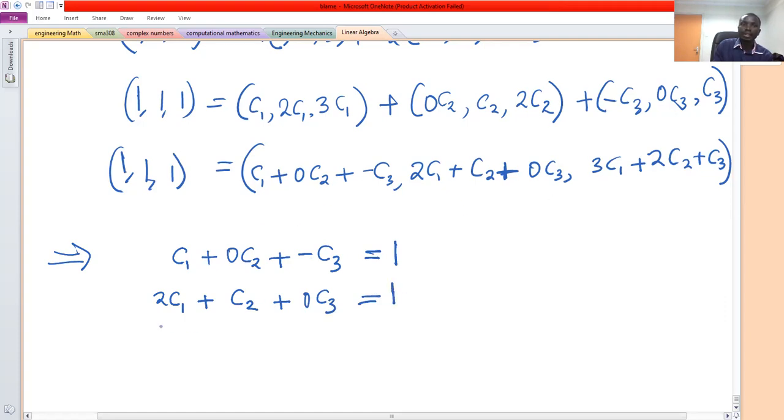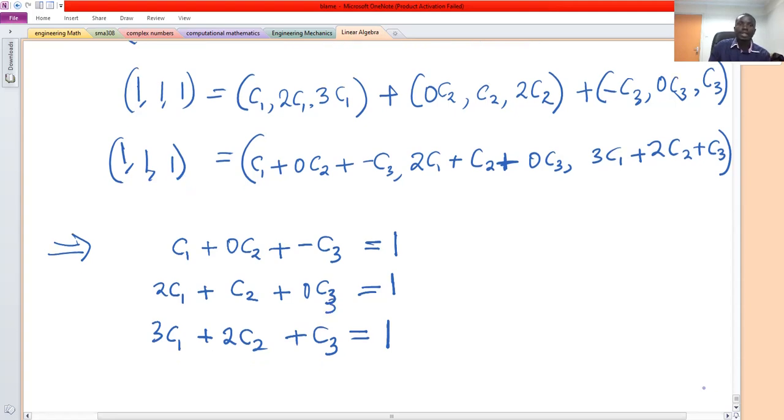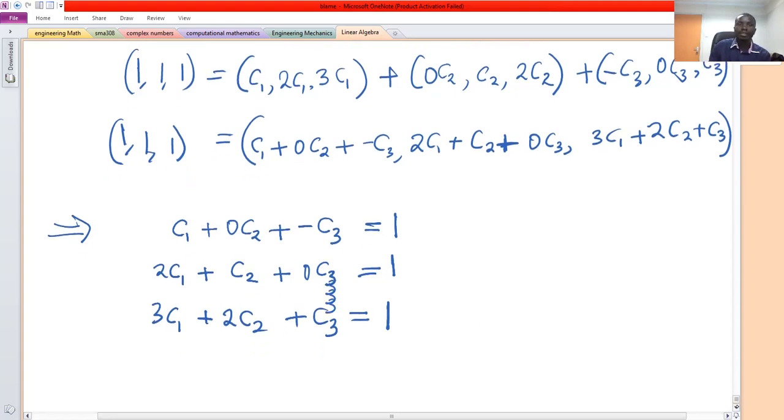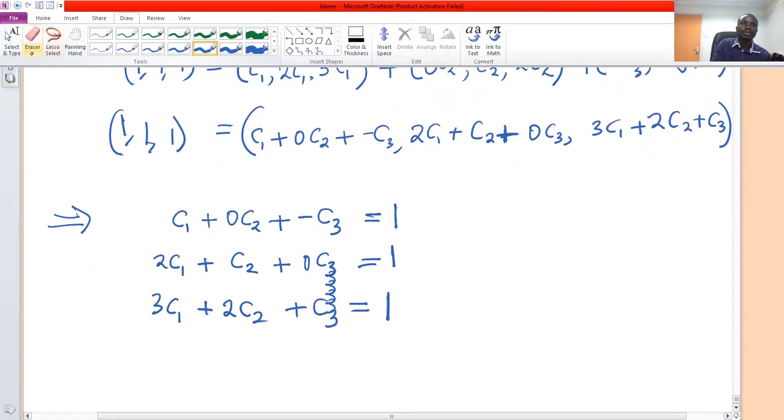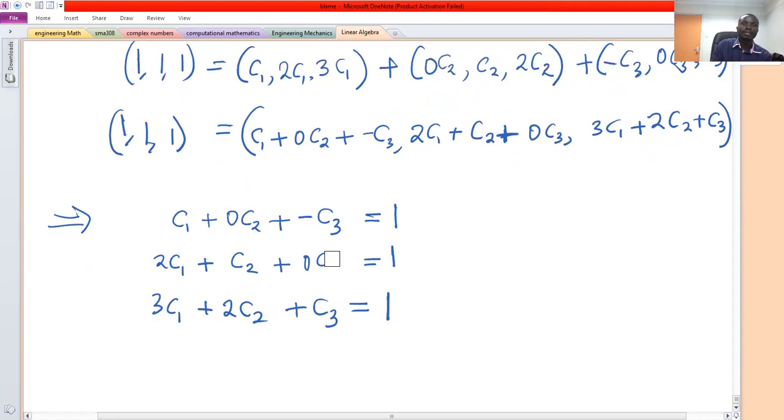And then 3C1 plus 2C2 plus C3 should give us this third element on the left vector. Now you see it has resulted in a system of three linear equations in three unknowns, C1, C2, and C3.